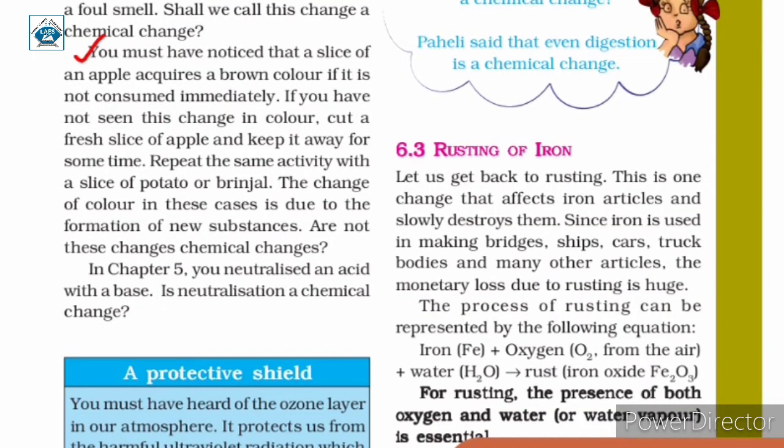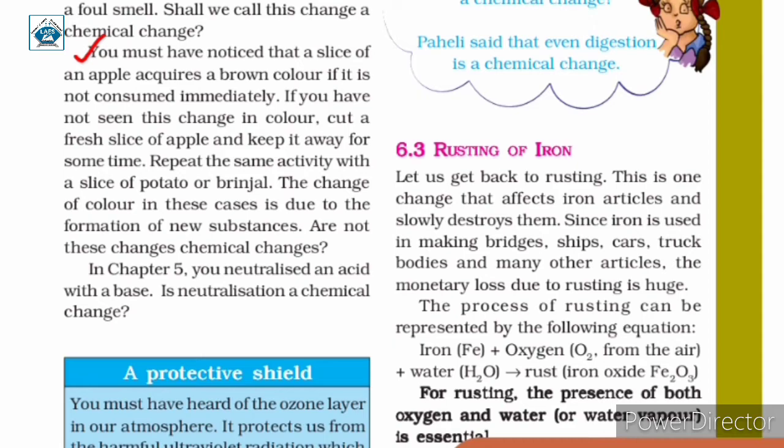You must have noticed that a slice of an apple acquires a brown color if it is not consumed immediately. If you have not seen this change in color, cut a fresh slice of apple and keep it away for some time. Repeat the same activity with a slice of potato or brinjal. The change of color in these cases is due to the formation of new substances.